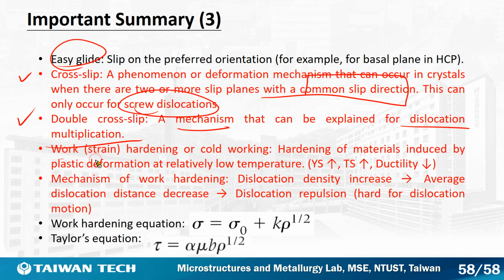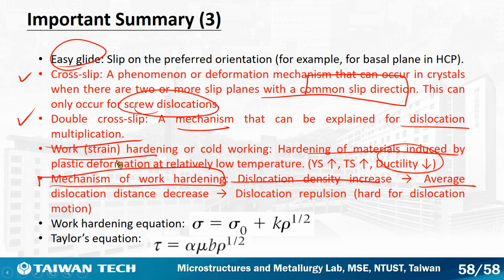And for work hardening or strain hardening, the material will become stronger, but the ductility will decrease. And the mechanism is, okay, this is also very important. You need to know the sequence here. First, when you apply stress to materials, dislocation density will increase. So the average dislocation distance will decrease.